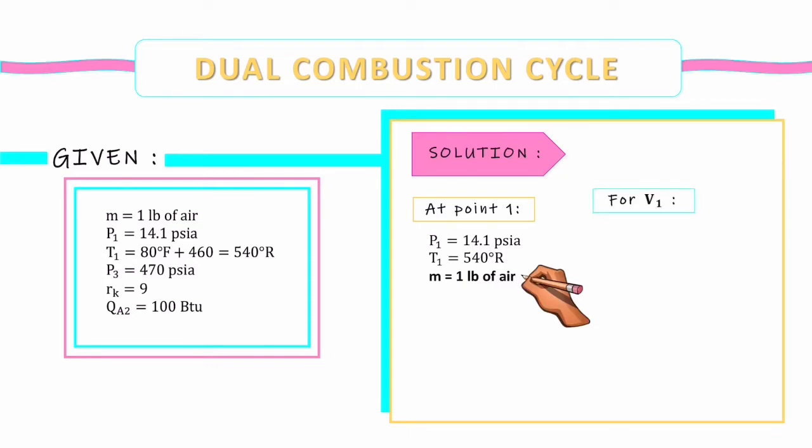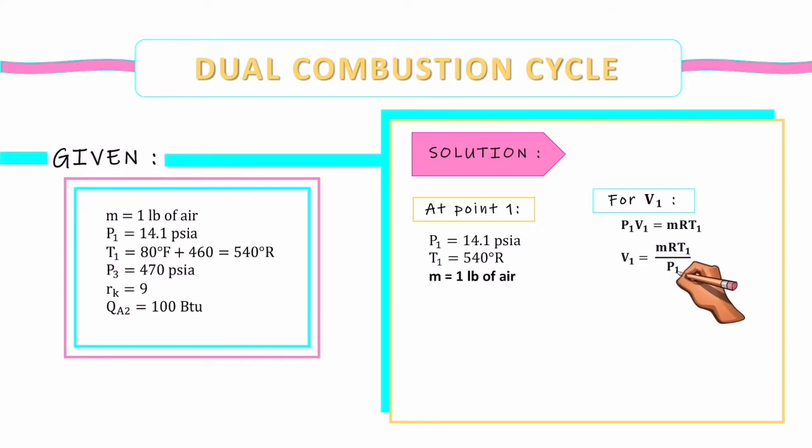We will use the formula PV is equals to mRT. So for the volume at point 1, V1 is equals to mRT1 over P1. Substitute the given values of pressure, temperature, mass of air, and the constant R of air, which is 53.34 foot-pound per pound Rankine.